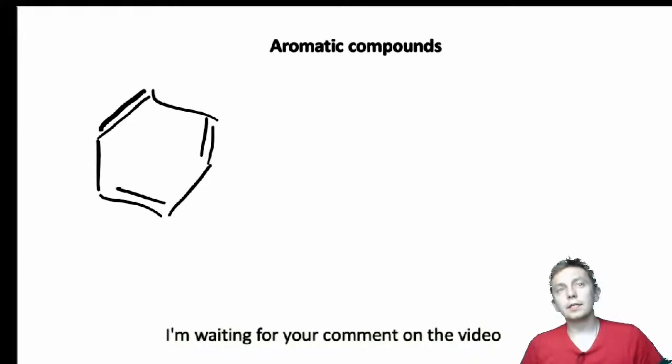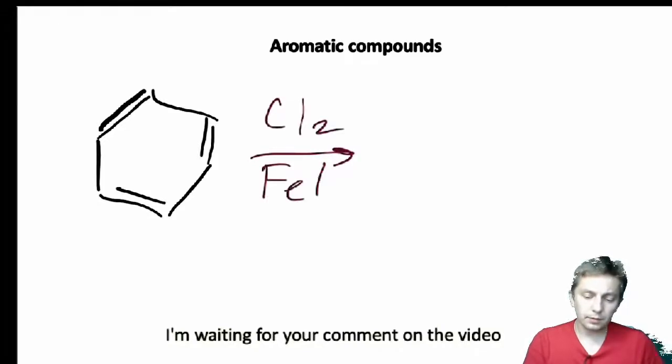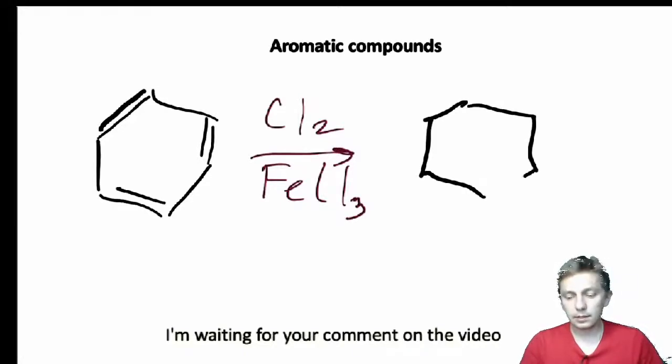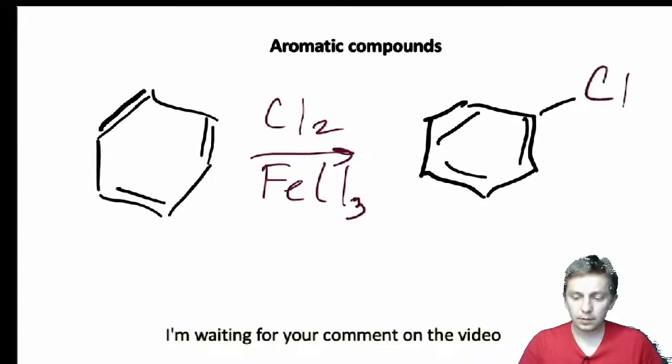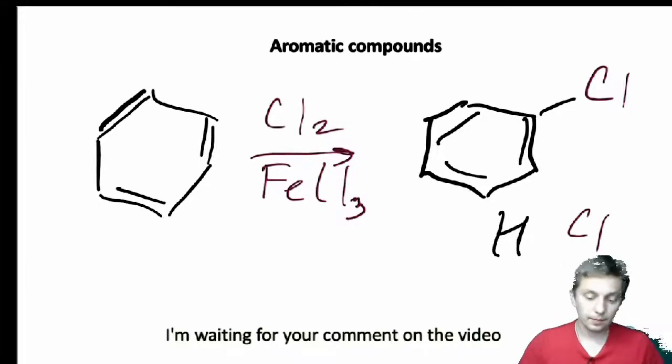But the conditions for reaction are softer. No need for ultraviolet, just a catalyst, for example, a salt of iron, iron chloride, and it forms the product and HCl. So many double bonds, but they react like no double bonds.